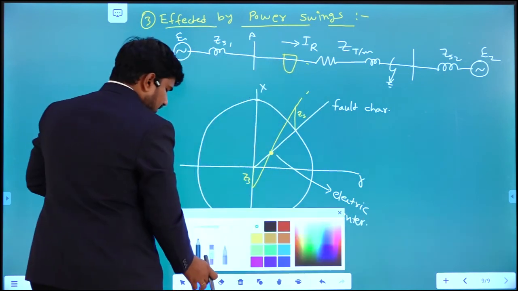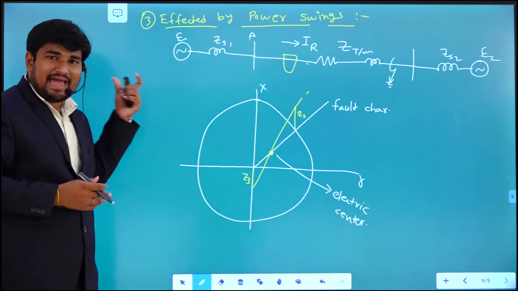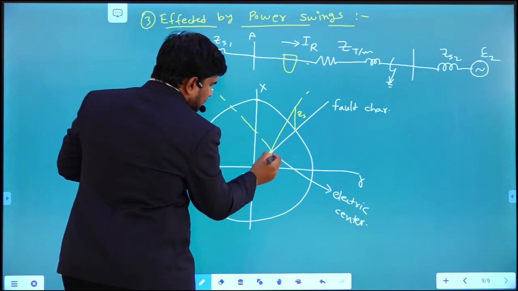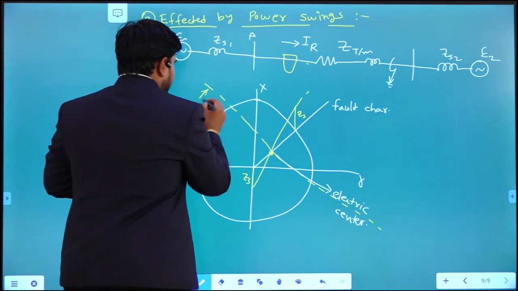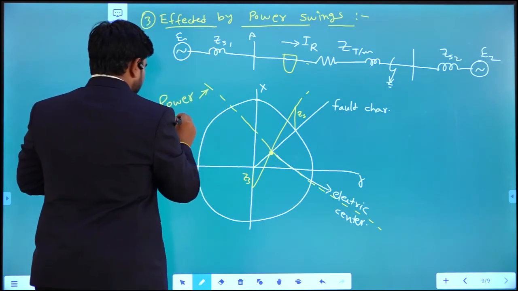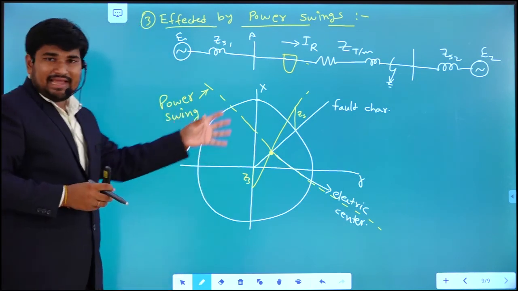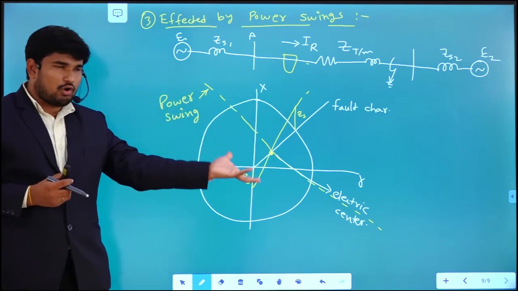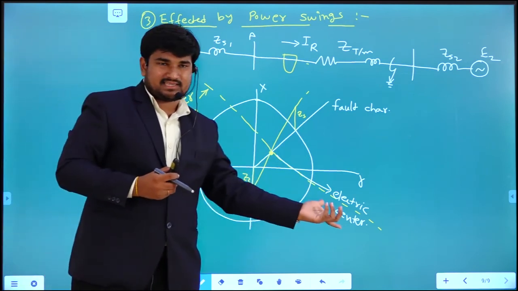Now because of this power swing, the power swing characteristic will move with this center. As the area encircled by this impedance relay is larger, the proneness to power swing will also increase.